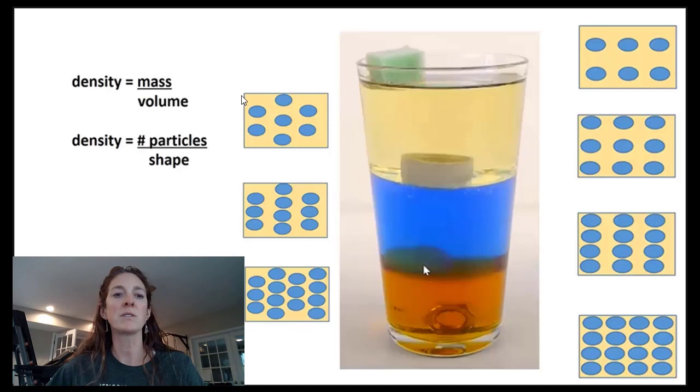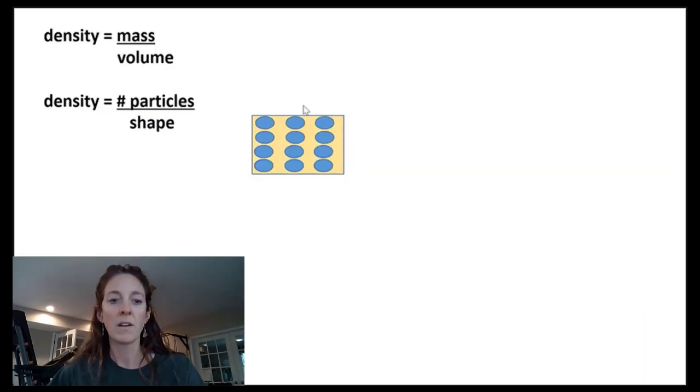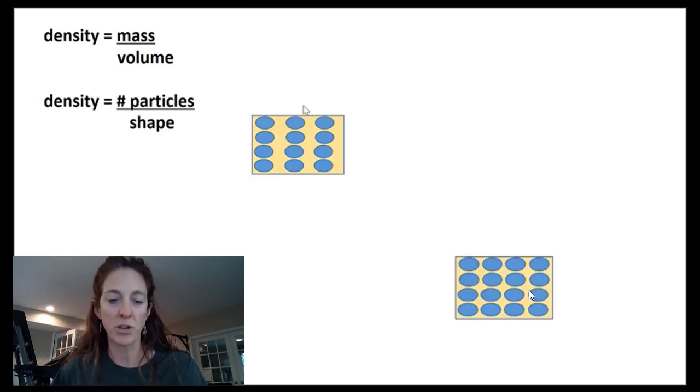Let's say the area was 1 times 1 times 1, so the volume would be 1. So 1, 2, 3, 4, 5, 6, 7 divided by 1 versus 6 divided by 1. This is less dense. Let's say that I wanted to compare the density of this object versus this object.